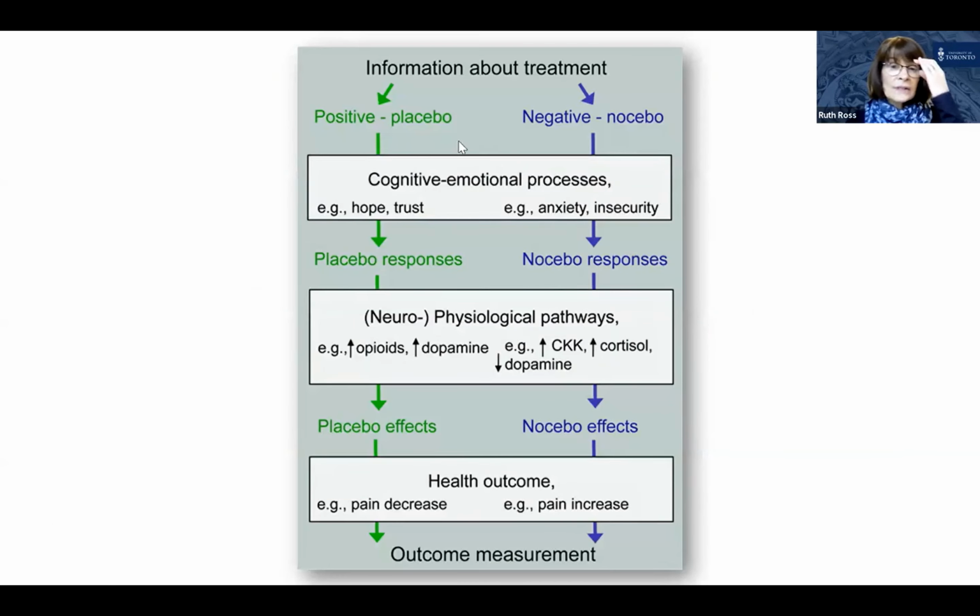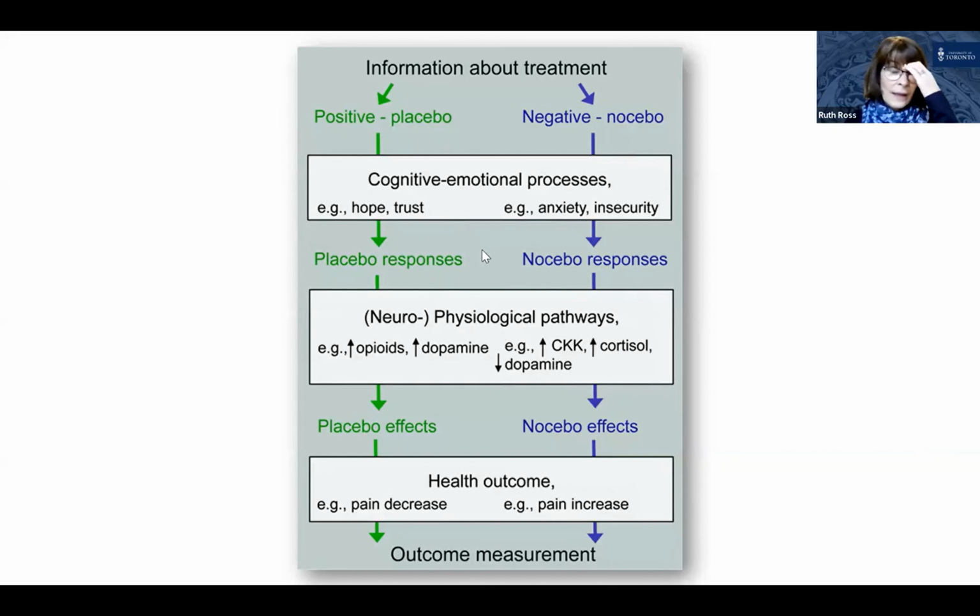But then, this kind of outlines what's happening with these. So you've got all this effect in our cognitive processing, and the idea of a positive effect versus a negative. And there's the emotional things that are associated with this. For example, hoping for something that could work, trusting in the people who are giving you the medication, like trusting in maybe a doctor or a friend who said this thing works, or whatever. So again, this is kind of interesting in terms of where we get information from.